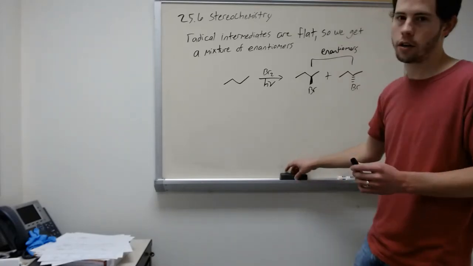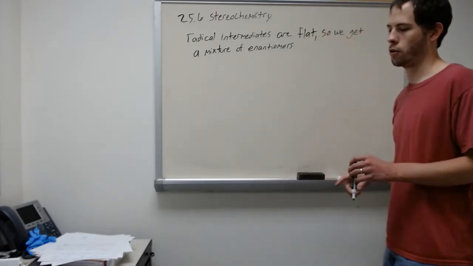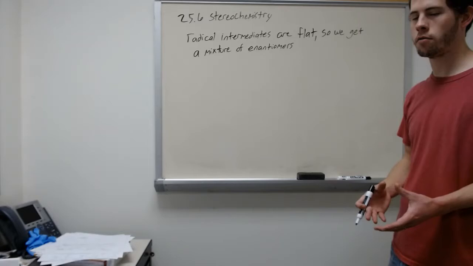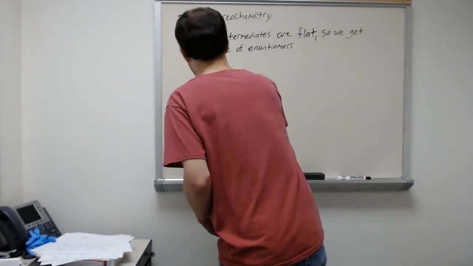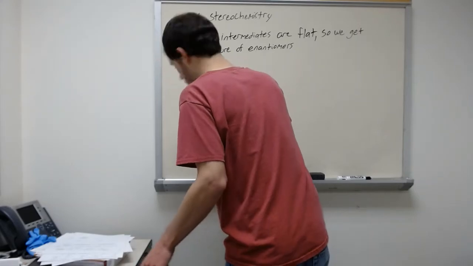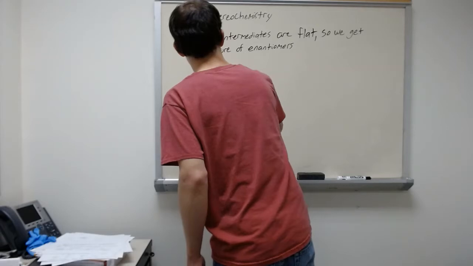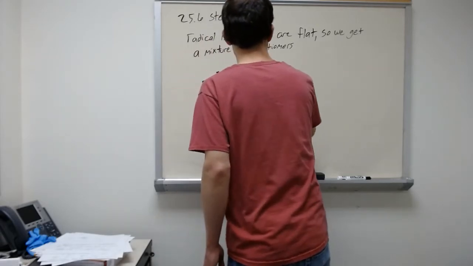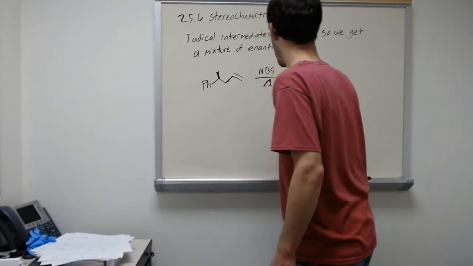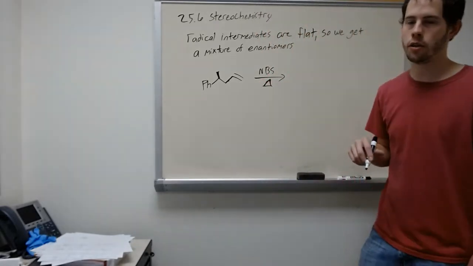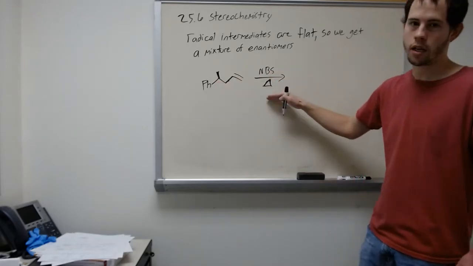Now let's take a look at another example of our stereochemical outcome, especially if we already have a stereocenter. So let's draw up this molecule. Alright, so we take this molecule here, we have this stereocenter, and we throw in NBS and heat.